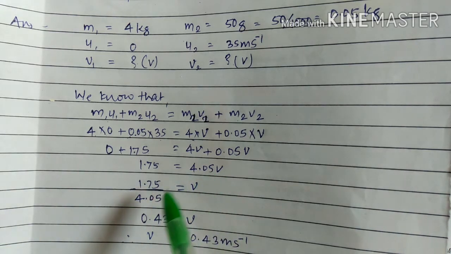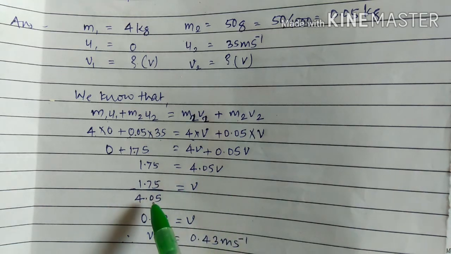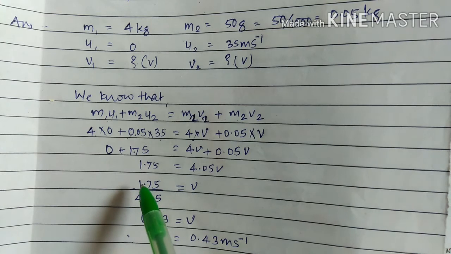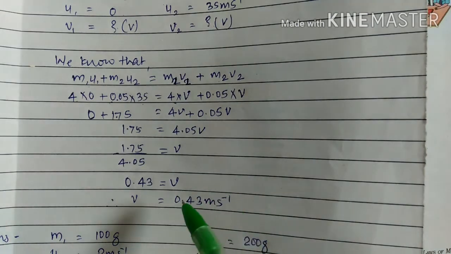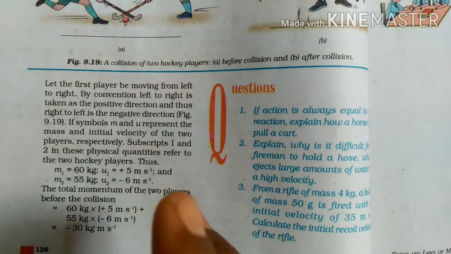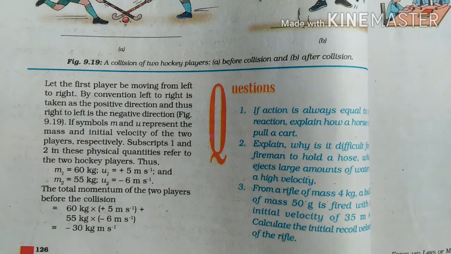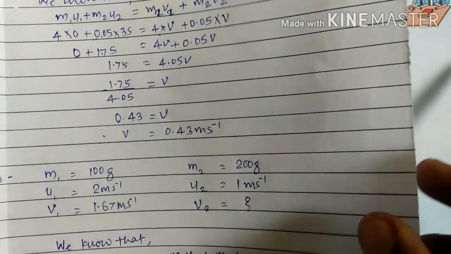Now take 4.05 to the left hand side, it becomes the denominator. When we divide 1.75 by 4.05, it becomes 0.43, so the velocity we have got is v equal to 0.43 meter per second. Here it asked for the initial recoil velocity. The recoil velocity, when the gun moves backward, is v equal to 0.43 meter per second.